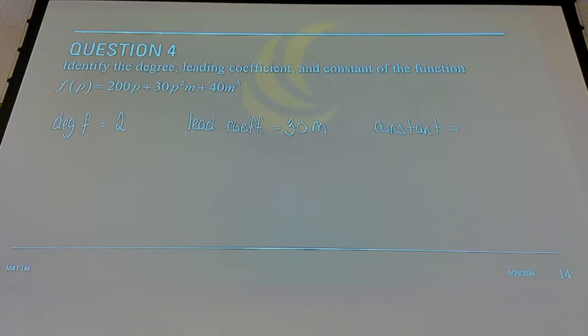What's your constant? M cubed is your constant.